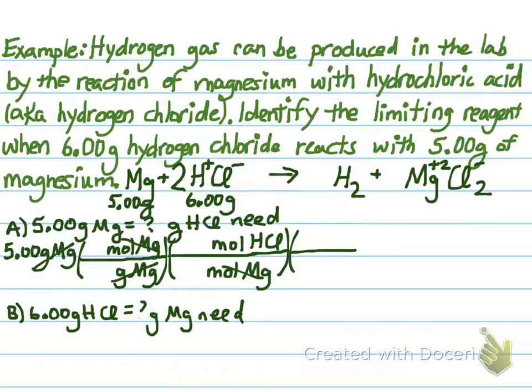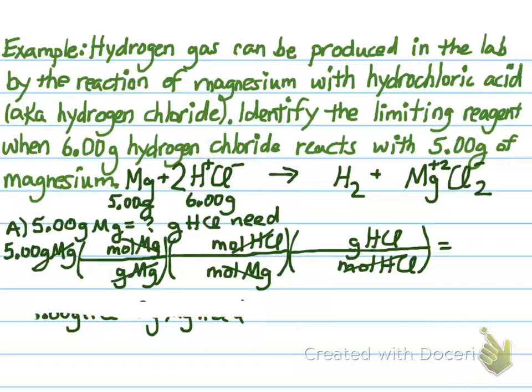Then we'll take moles of hydrogen chloride, and we have to use molar mass to convert it back to grams of hydrogen chloride. And I'm going to go ahead and put that other option on the next slide so that I have a little bit more room here. Okay, so we'll still do that. I'm just going to do it on the next slide.